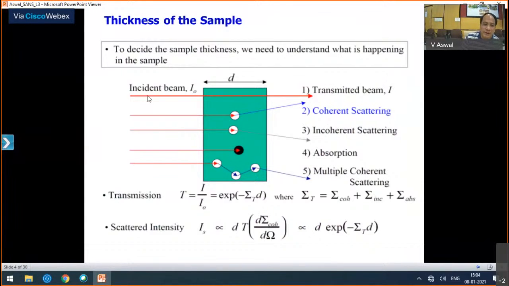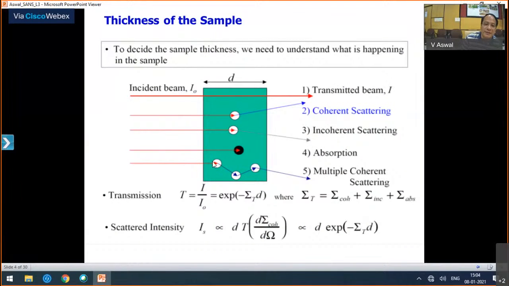So this is the incident beam with intensity I0. Most of the neutrons will pass through, so you will have a transmitted beam without any scattering, without any interaction with the atoms or molecules in the sample. Then you will also have coherent scattering taking place from the sample, then incoherent scattering, and then there will also be absorption of the neutrons.